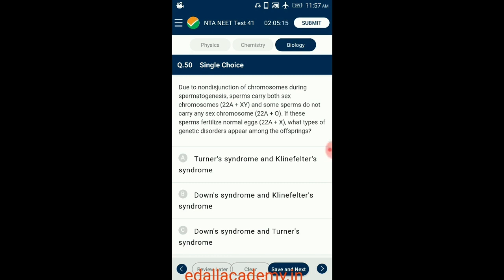Such persons are sterile males called feminized males with underdeveloped testes, mental retardation, female-like sparse body hair and knock knees, long limbs, and with some female characteristics such as feminine pitched voice and enlarged breast. It is generally called gynecomastia. So the answer for this question is option A, Turner syndrome and Klinefelter syndrome. So the correct option is option A.